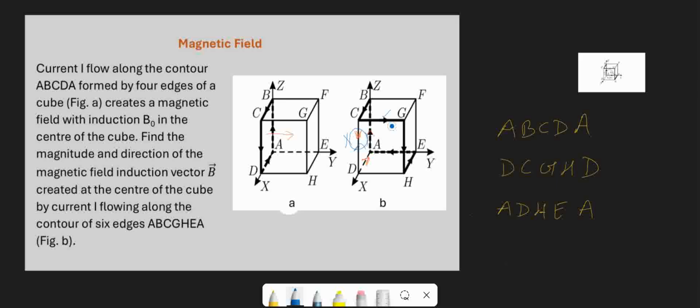This current is part of the circuit. And then GH, this is also part of the circuit, and HD.